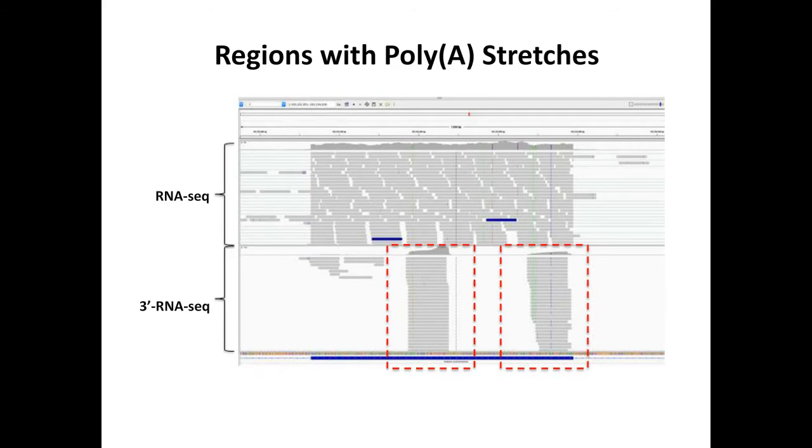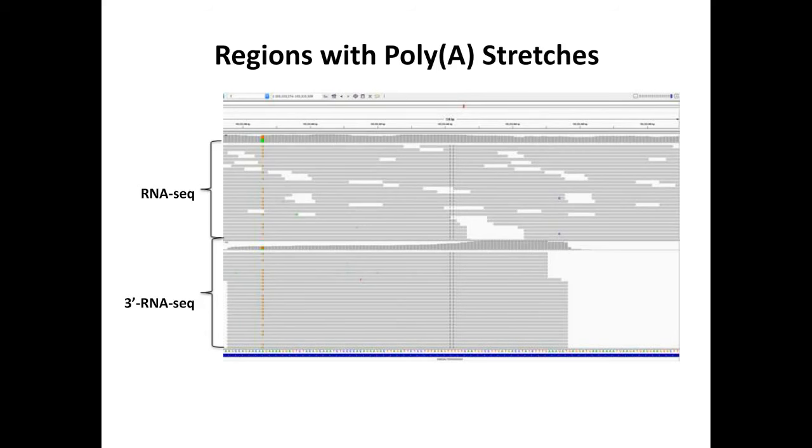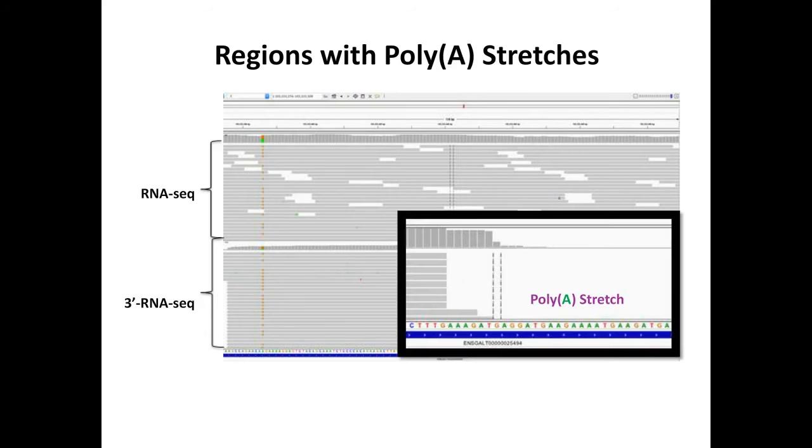You can see two regions here, and after zooming in, we saw a stretch of poly-A. You can see here we have an A and also 4 A's here and 2 A's here, and there are more A's here.